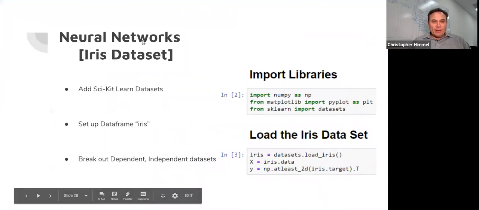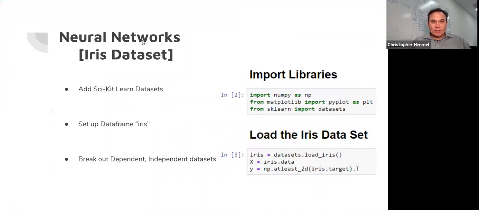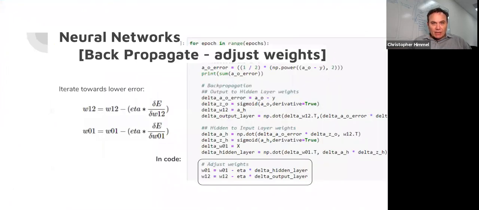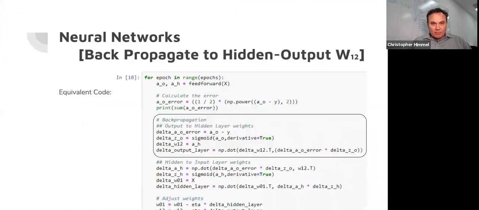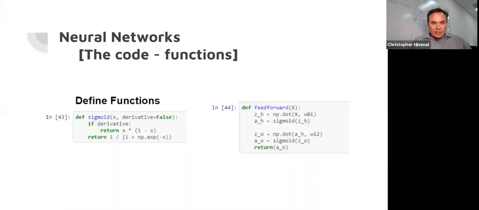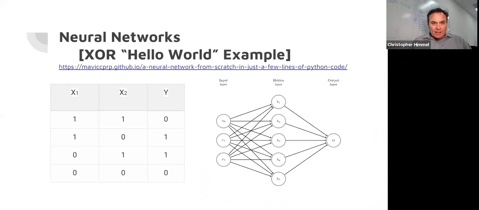Last week we were finishing up neural networks, and we got to the second data set that I was going to run it on, the Iris data set, and ran out of time. For that, just to review real quick, we did it on the XOR data set, a really tiny data set.